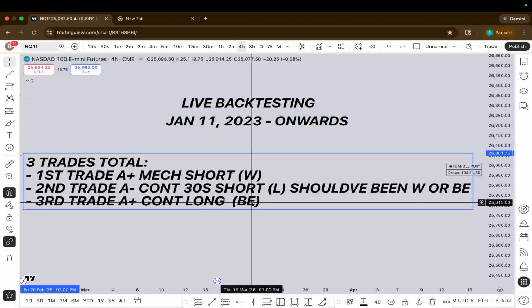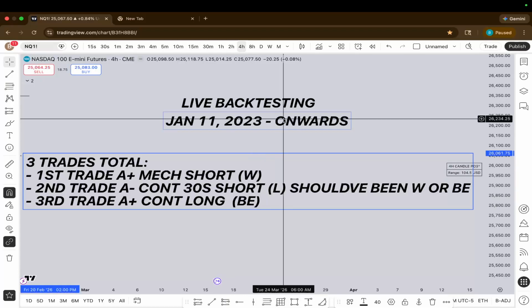If you're struggling with putting your break evens or where to put them, or rushing break evens or not putting them at all, this is a good little thought process and analysis of a break even trade that was an A plus continuation long, paired with a little bit of AMD, PO3, etc. So yeah, guys, I hope you enjoy, and it's going to cut to the backtest later.